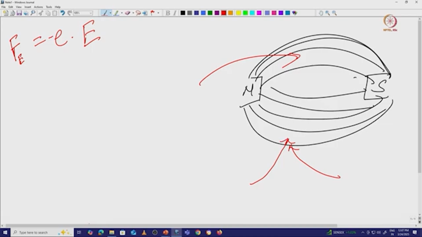Now, if that electron has some velocity and is trying to enter this magnetic field, then due to its velocity and motion it will face another force, which involves the electric field E, the velocity, and the magnetic field, which we can denote as B.